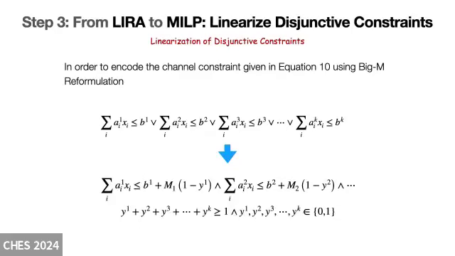This is accomplished by adding or subtracting the term M times 1 minus Y to the upper bound and the lower bound constraints respectively. The bounds are chosen such that they are as tight as possible. But we are able to statically over approximate M values in our problem setting, since the decision variables x are binary variables that can take maximum 1, right?